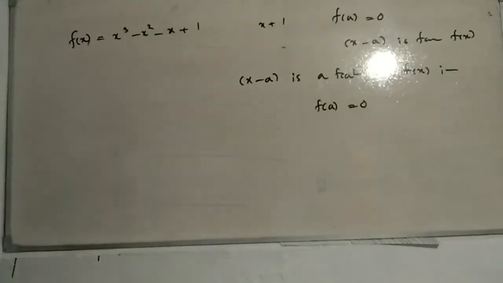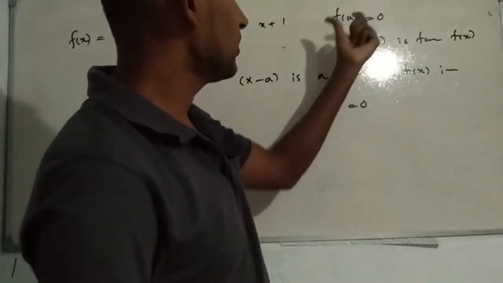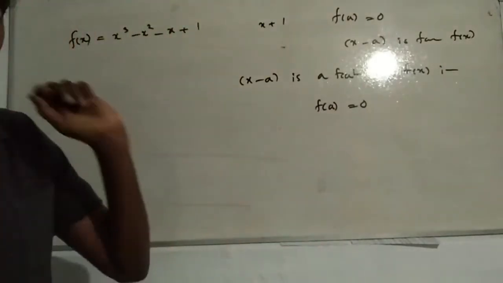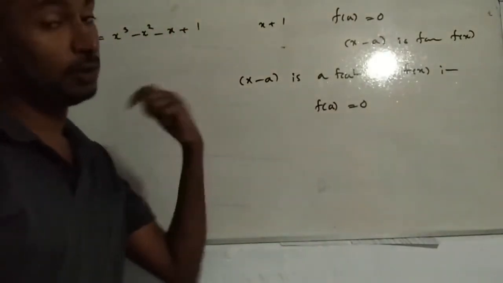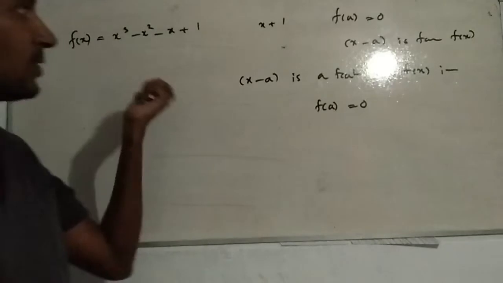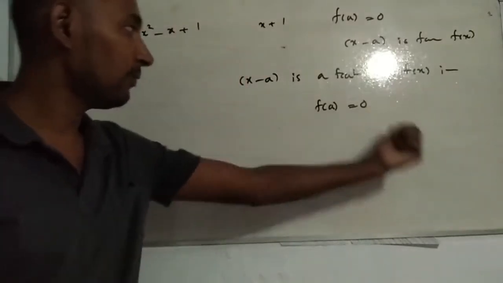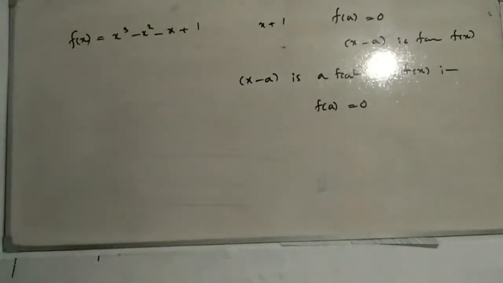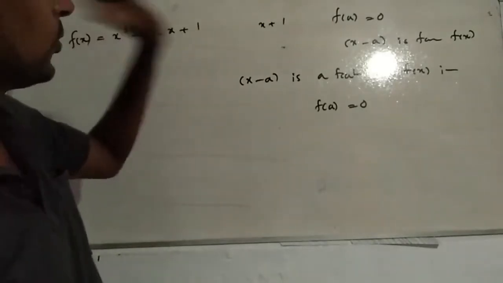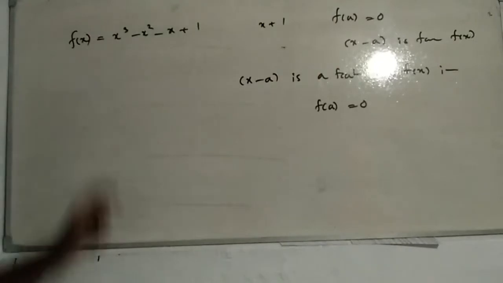So the factor theorem is: if f of a equals 0, we can say x minus a is a factor of f of x. The converse of the factor theorem: if it is given that x minus a is a factor of f of x, we can write that f of a is equal to 0. Now look at this question. We have been asked to show that x plus 1 is a factor of f of x.